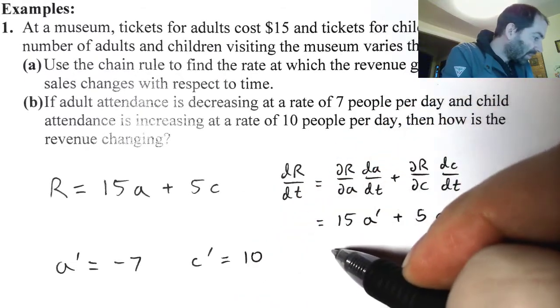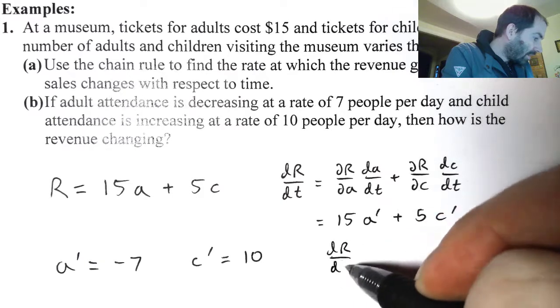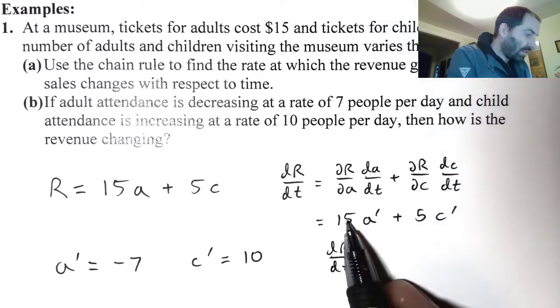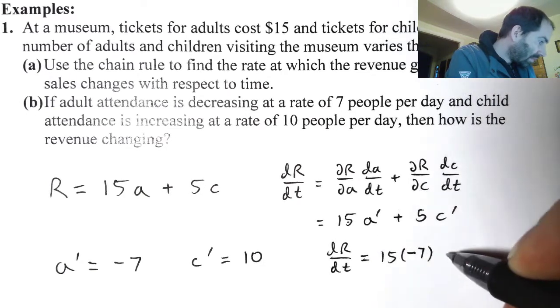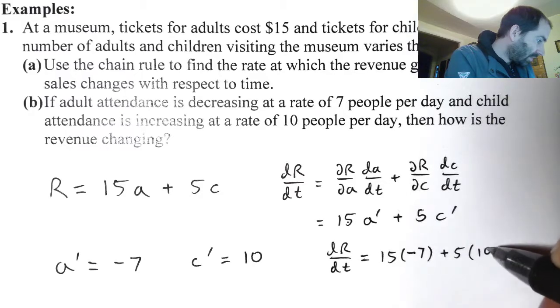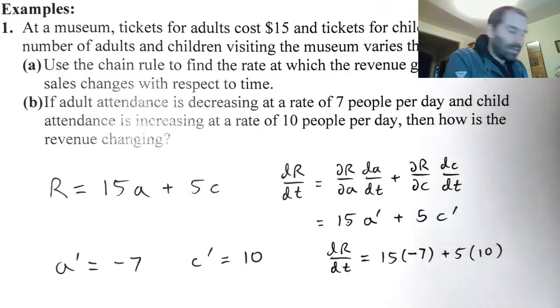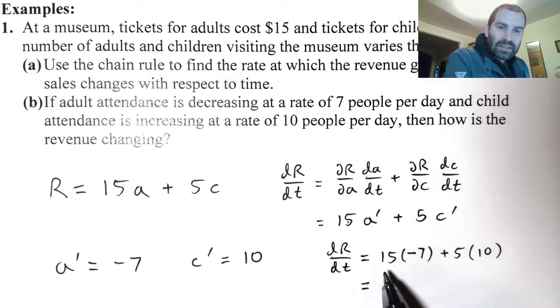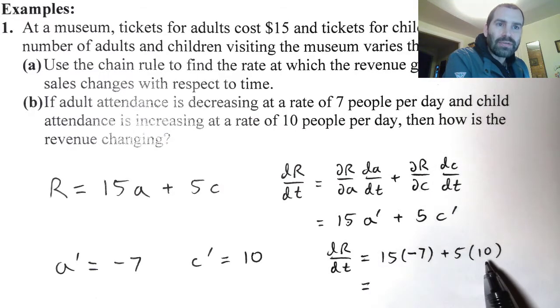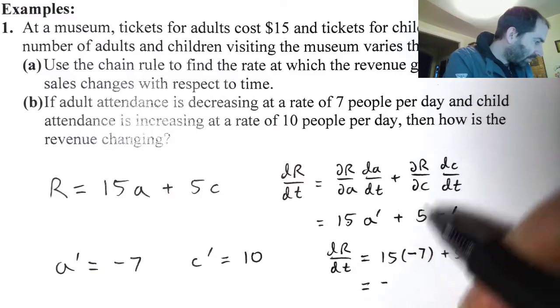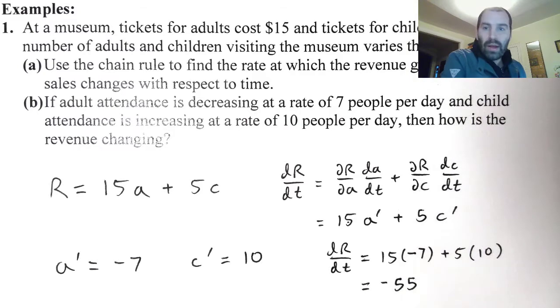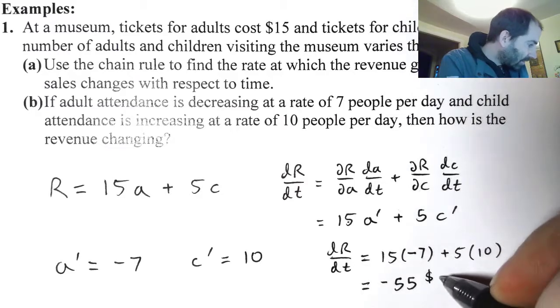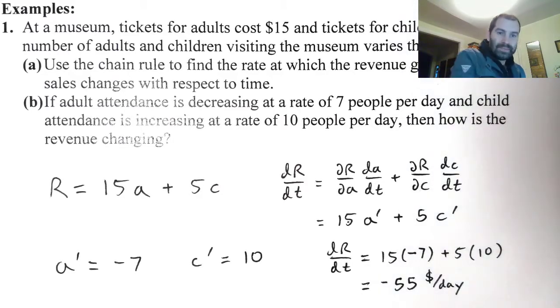So dR/dt is 15 times -7 plus 5 times 10, which is -105 plus 50, so that's -55. We might want to put some units here. The revenue is changing at -55 dollars per day.